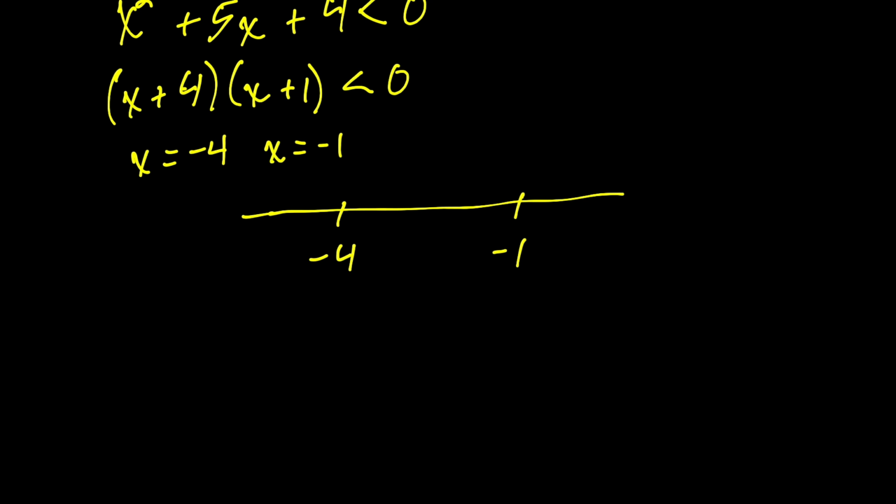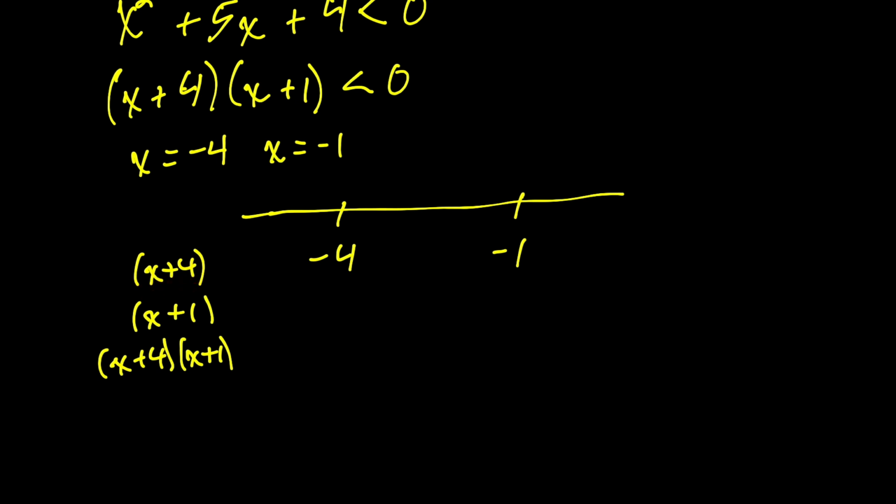So the first thing we do is we write down the two factors, x plus 4 and x plus 1. Then I'm going to write down the product, x plus 4 times x plus 1. So my favorite number less than negative 4, it really doesn't matter which number you pick. Any number less than negative 4 will work. But in this region, if I pick, say, negative 5, and I substitute, what's negative 5 plus 4?